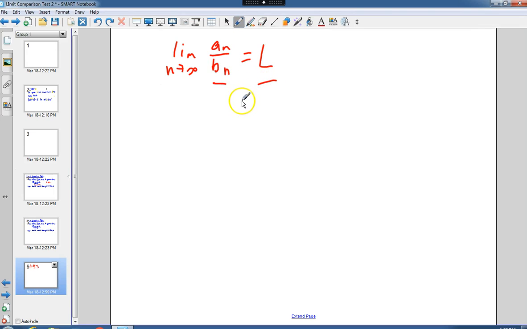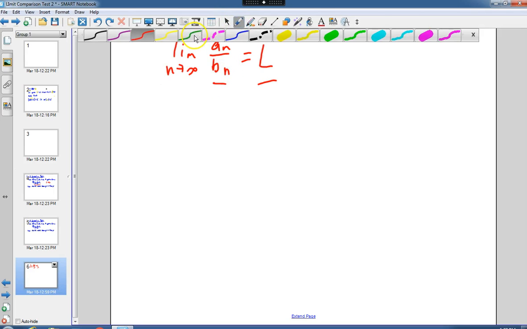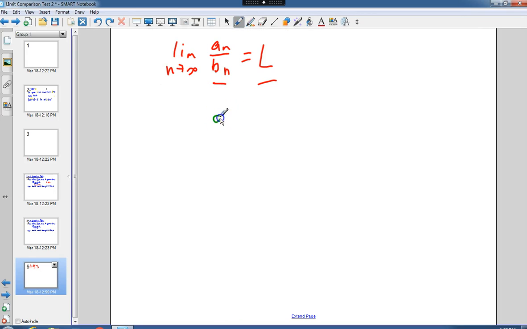Okay, so since the limit exists, we already know that that actually occurs, right? The limit exists. That means that a sub n over b sub n, our function value, minus the value of the limit L in absolute value, has to be less than our epsilon, right?